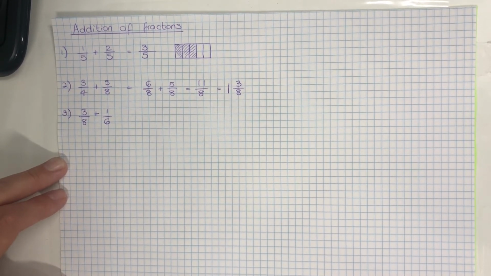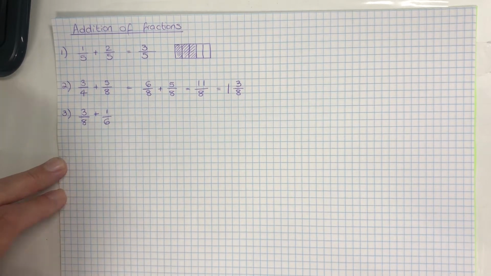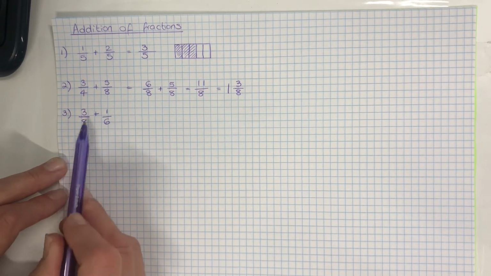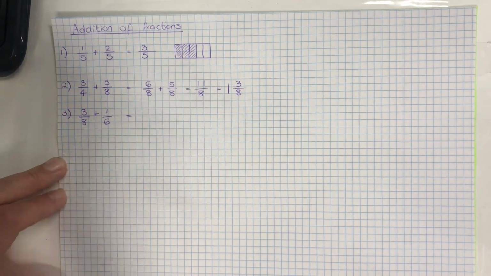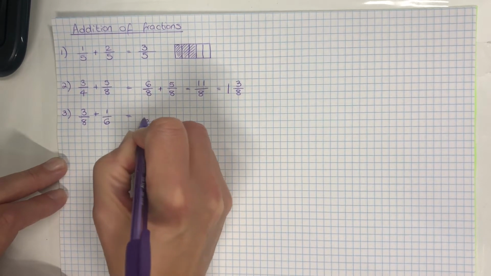Now one way of finding a common denominator is to multiply my two denominators together, which would give me 48. However, if possible, I want to find the lowest common denominator. So I would look at the multiples of 6 and the multiples of 8 to see the smallest number that is a multiple of both, and I would get 24.